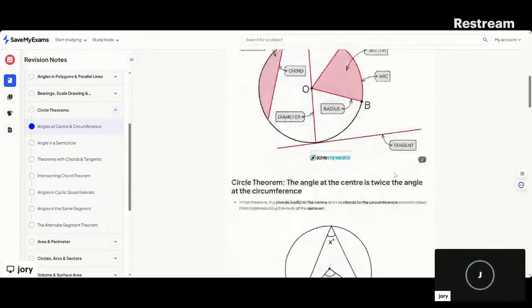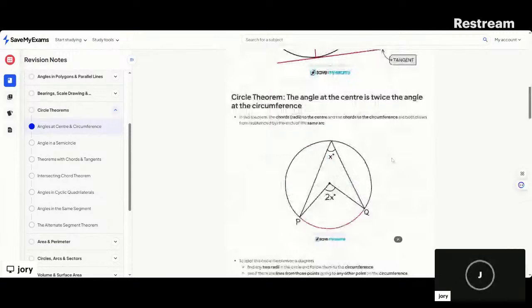Okay. Circle theorem. The angle at the center is twice the angle at the circumference. The chords to the center and the circumference are both drawn from the ends of the same arc.